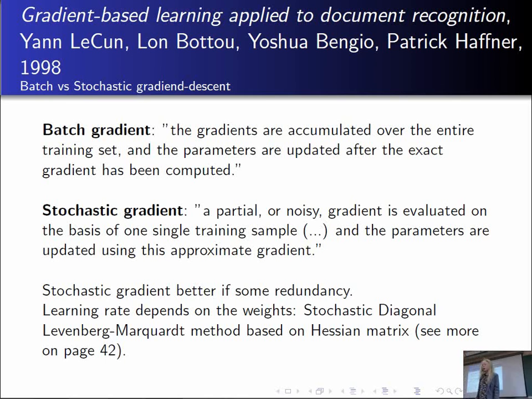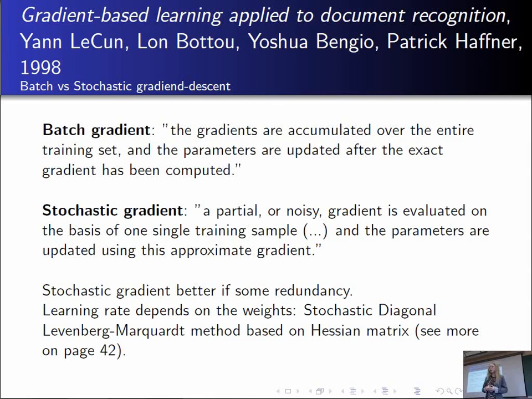Okay, so here the paper I told you a lot about explains two different approaches: batch gradient and stochastic gradient. Batch gradient is, as you might know, just applying the gradients on all the training set, while stochastic gradient is a much more online method. So you base your update on one sample or on mini batches. Mini batches are like a compromise between both methods.